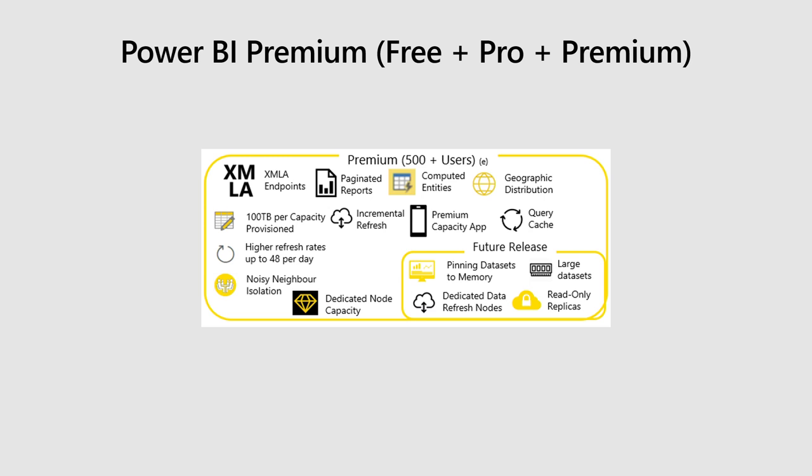Again, when you're trying to achieve that single source of truth, everyone looking at the same numbers, it just allows for that functionality. Also in there are paginated reports, or your more traditional SSRS reports, which you can have in Power BI. This is great for organizations that want one central starting point where you get all your reporting needs from.